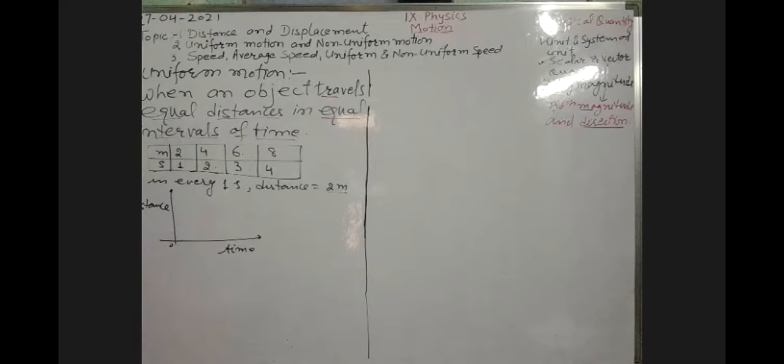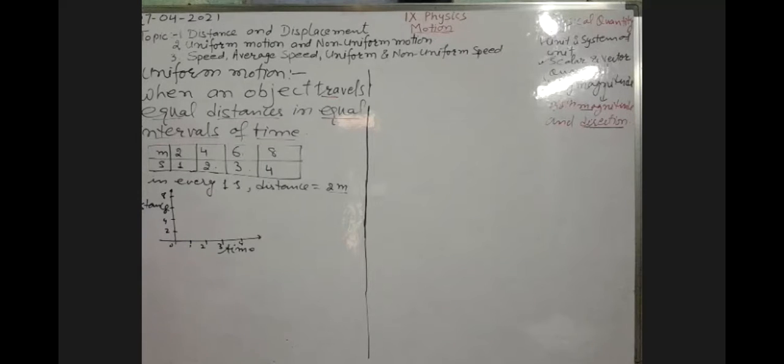If we plot this information graphically, what kind of graph will it be? So we take the time as 1, 2, 3, 4 seconds, and on the y-axis the distance: 2 meters, 4 meters, 6 meters, 8 meters, and so on.